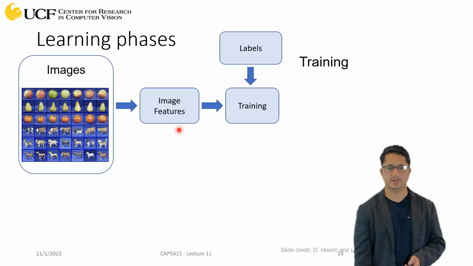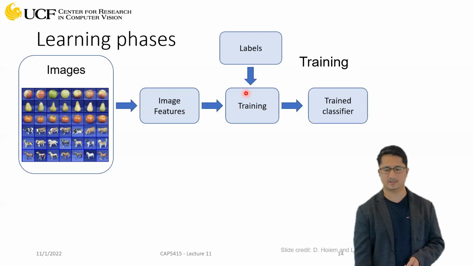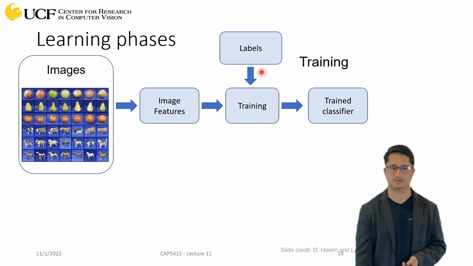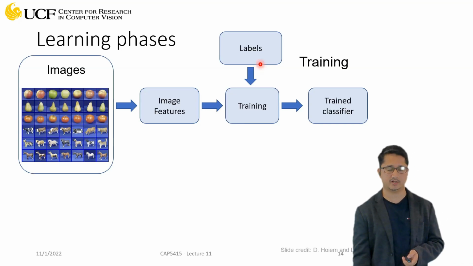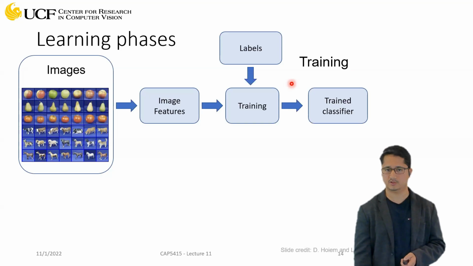So the learning phase will be, you will have your training images, you will extract features, and then you will train your classifier over here. To train that, you know that you need the ground truth labels. In classification, you only need which object is present in your training samples, and that gives you the training signal for which you can have a loss function.